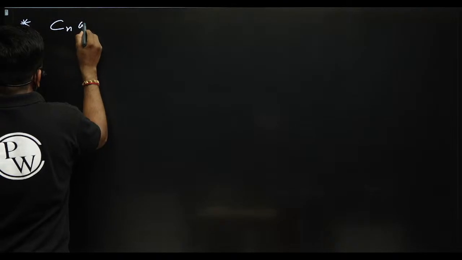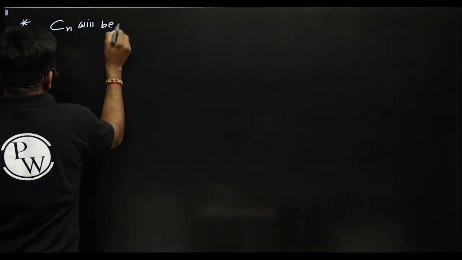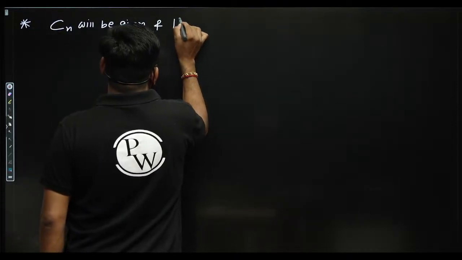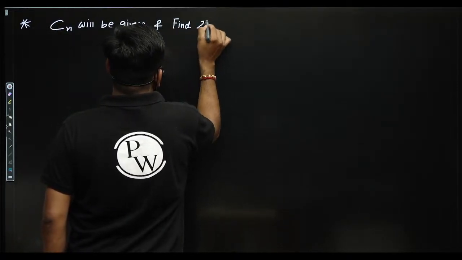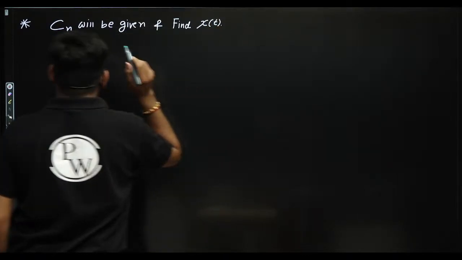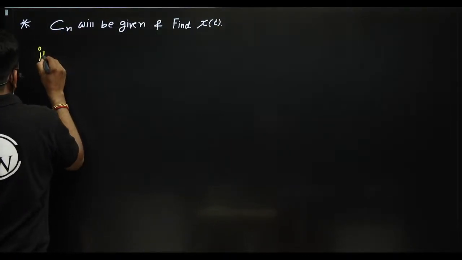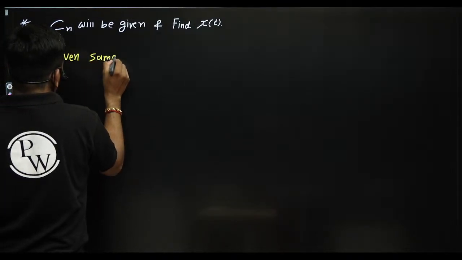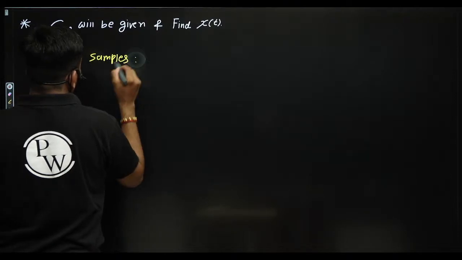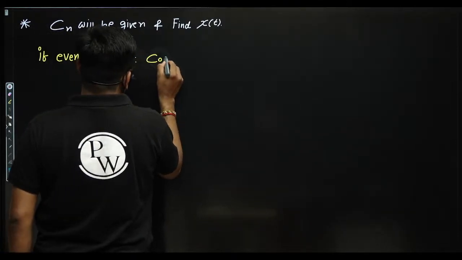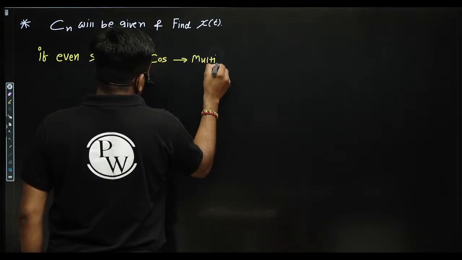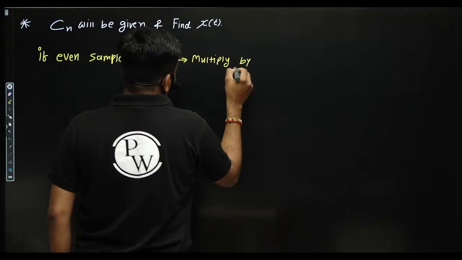So simply what you have to see, Cn will be given and find x of t. So I am writing here, if even samples, then cos and multiply by 2.